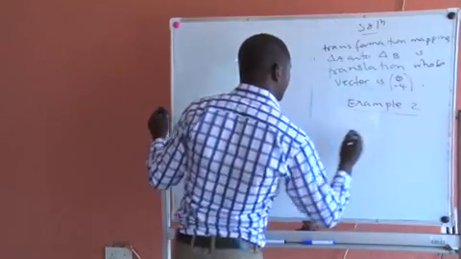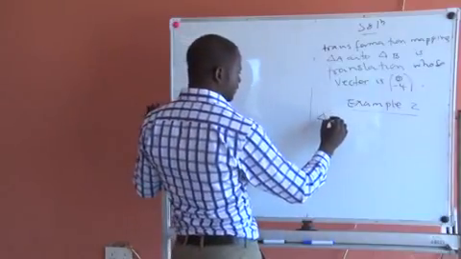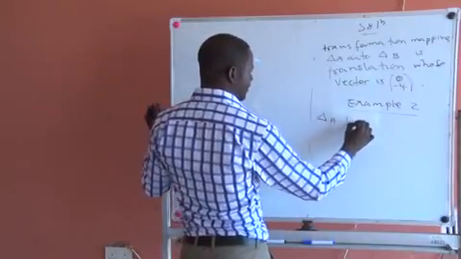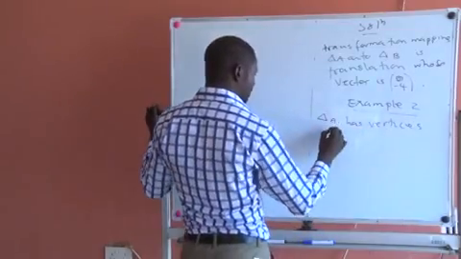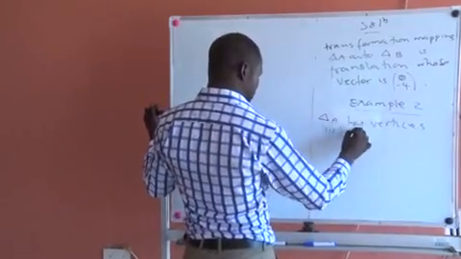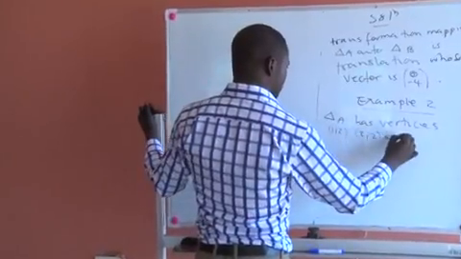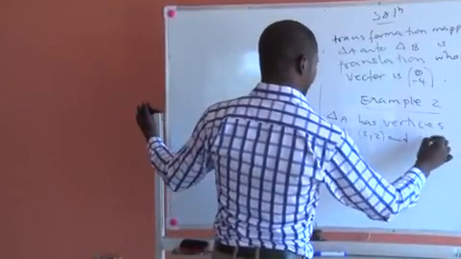Example 2. Triangle A has vertices 1, 2, 2, 2, and 2, 4.